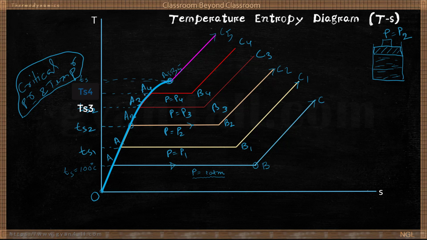Now this line we call the liquid line. Now join the points B5, B4, B3, B2, B1 and B, and I will draw a red line to represent the dry steam line.